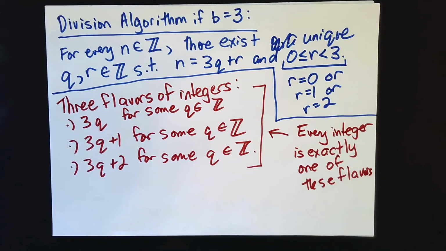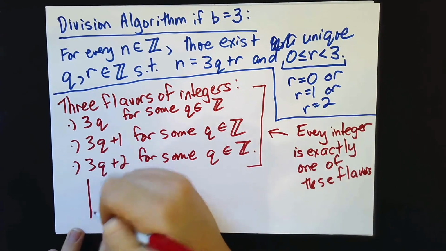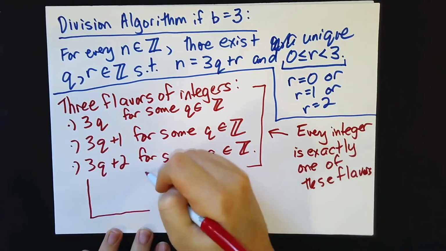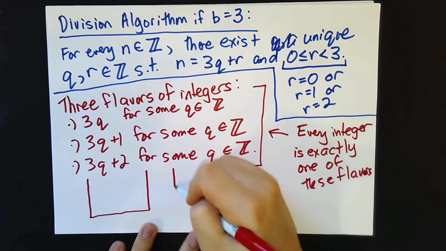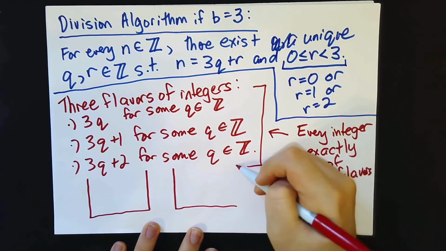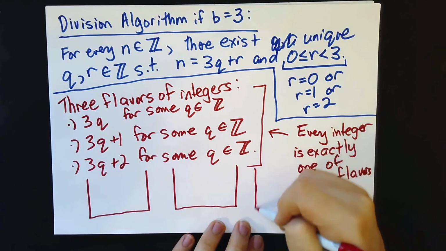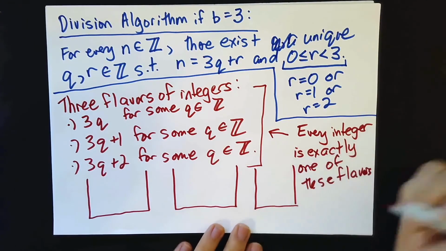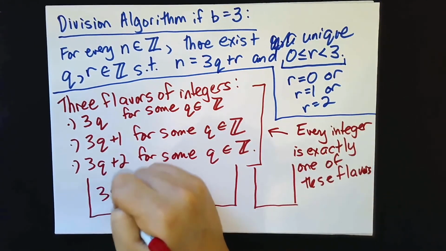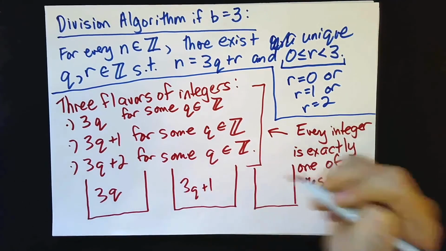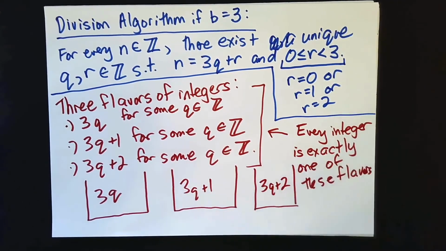So I tend mentally to think of these things as buckets. When I apply the division algorithm with b equals 3, what I learn is that the integers all fall into exactly one of these 3 buckets. The 3q bucket, the 3q plus 1 bucket, and the 3q plus 2 bucket.